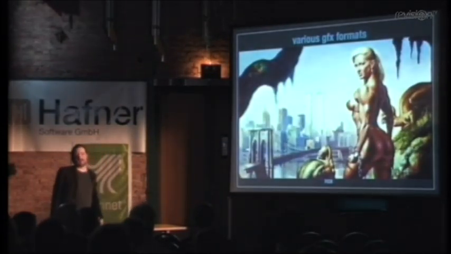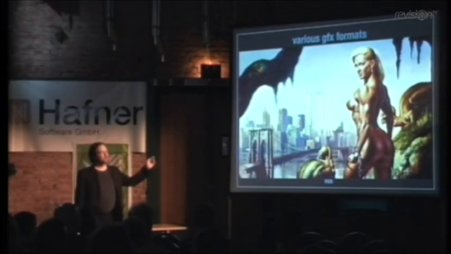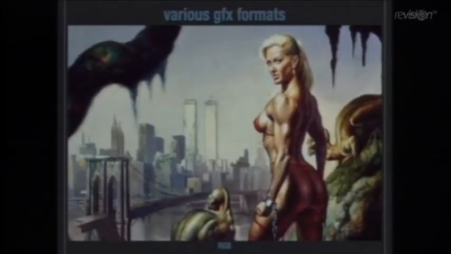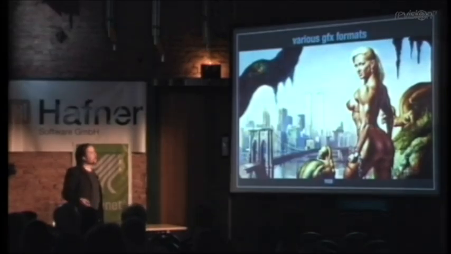Various graphics formats on the C64. I took a nice picture from Boris Vallejo, who has quite a history on graphics in the C64 scene. You find various pictures of him in various demos. And I take it in order to visualize some graphics formats.